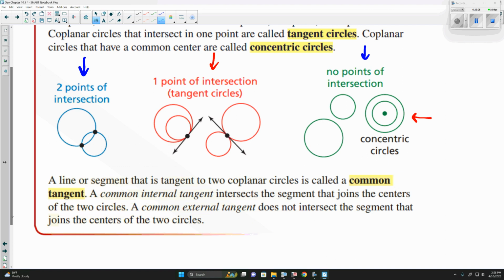Now, we have two different types of common tangents: ones that are internally tangent and ones that are externally tangent. Internally tangent intersects the segment that joins the centers. Externally does not. So if I connected a line between the two centers and that line of tangency intersects it, it's called internal. If it doesn't, it is external.